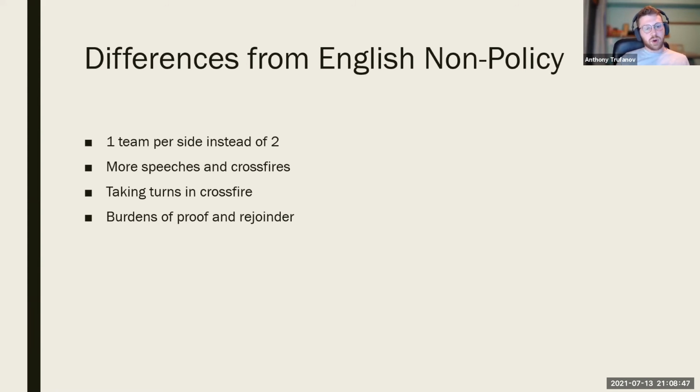And you have these burdens of proof and rejoinder. So proof, which is the same, and rejoinder, which is a little bit different, because your obligation to respond to every single thing that your opponent says is a little bit more strongly enforced and more impactful for deciding the winner of the debate. Questions about all of that stuff?